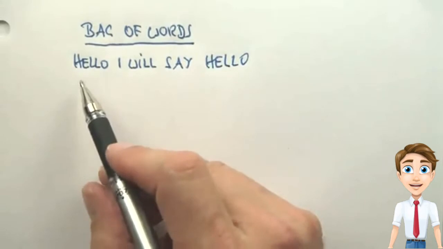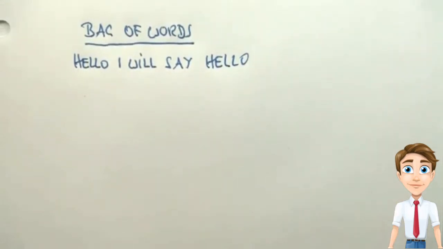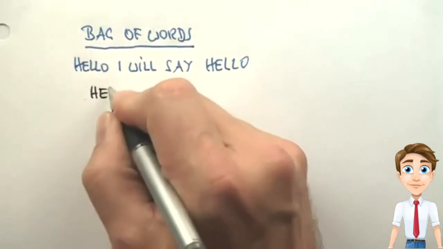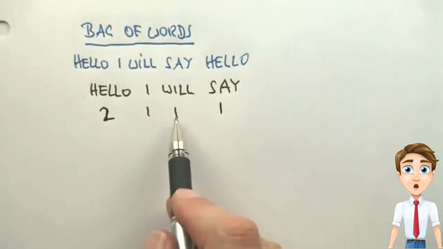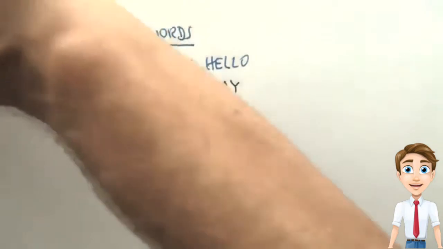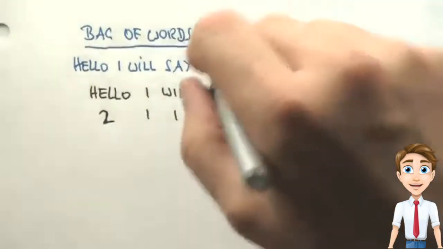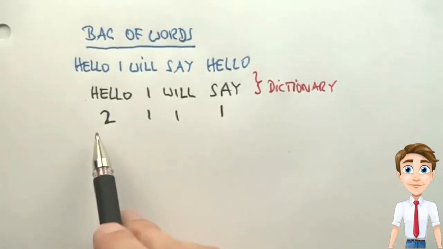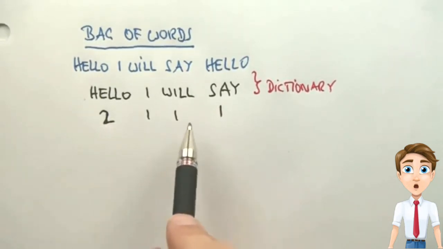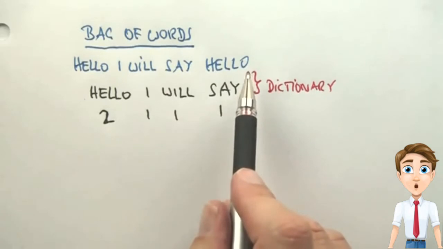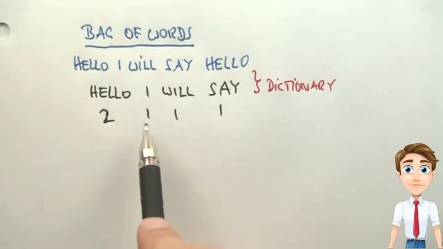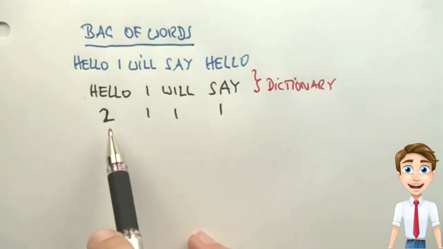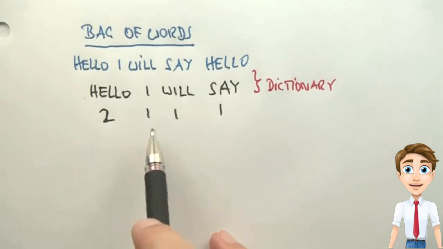If I were to say, hello, I will say hello. The bag of words representation is the following: 2, 1, 1, 1 for the dictionary that contains the 4 words hello, I, will, say. Now look at the subtlety here. Rather than representing each individual word, we have a count of each word, and the count is oblivious to the order in which the words were stated.